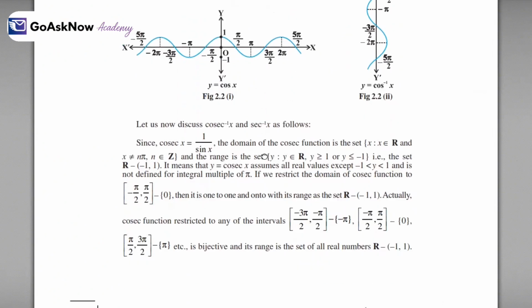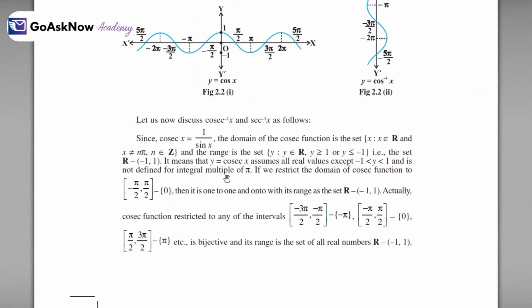Since cosec x is 1 by sin x, you should remember this. The domain of the cosec function is the set of x not belonging to n pi, and the range is the set like this. I have already told you the range and domain of the cosec function.